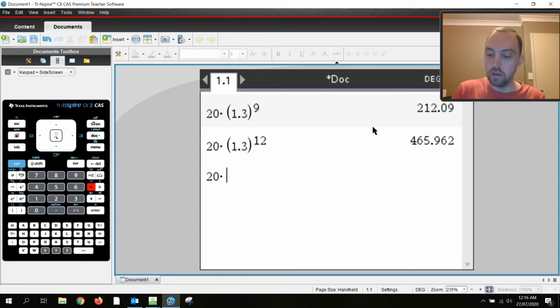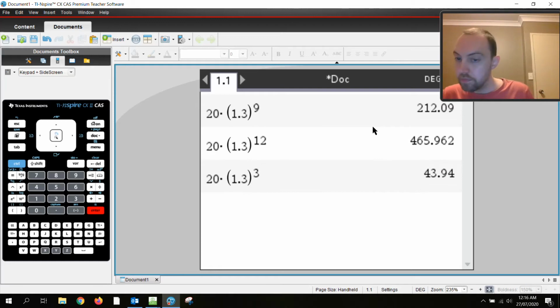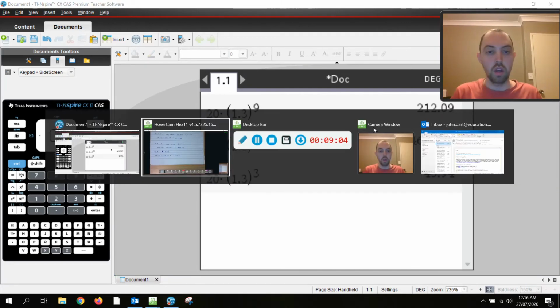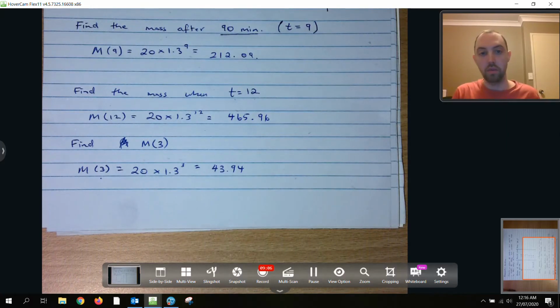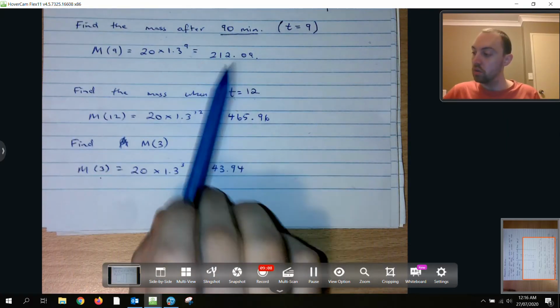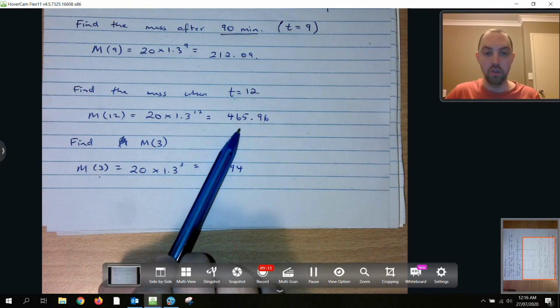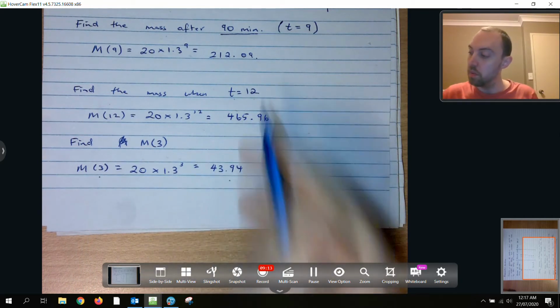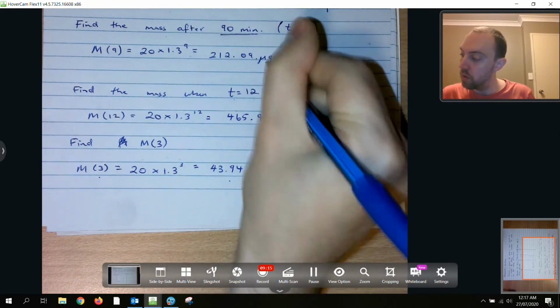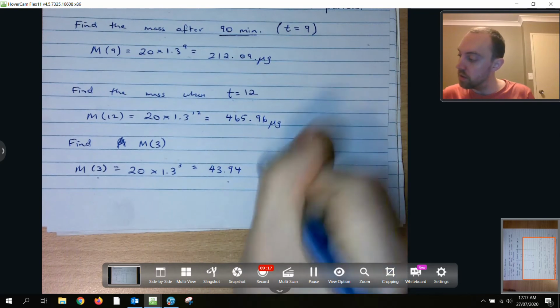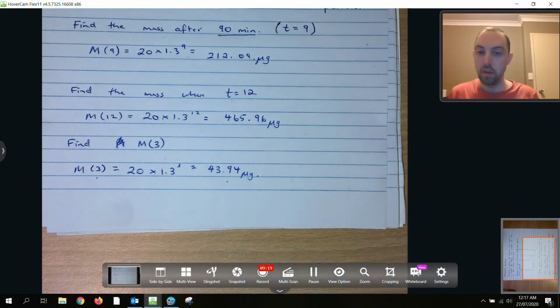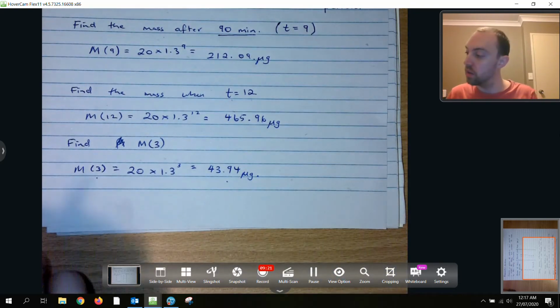We've got 20 times 1.3 to the power of 3. Okay, so now we've got that, this is what it looks like: 212, 465, 43.94, and we're always talking about micrograms in this example. The mass is in micrograms.